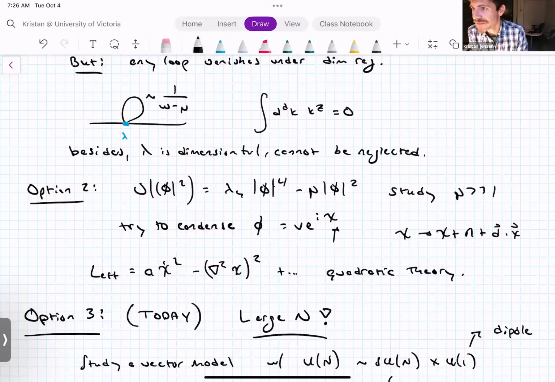Dipole would act as a linear shift by d dot x. And is there a quadratic effective theory invariant under these symmetries that you can write down for the Goldstone field? Yes, there is. Just instead of having grad chi squared, you would have grad squared chi squared. So a higher derivative Lagrangian, in other words.